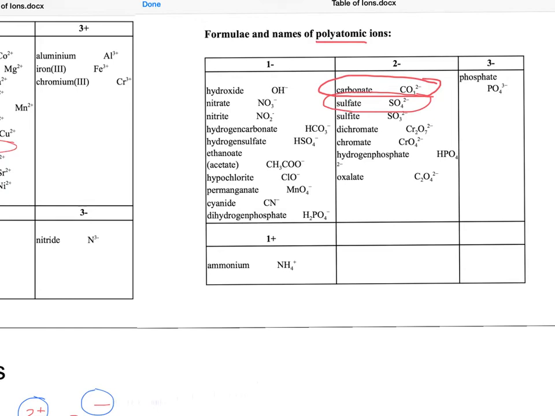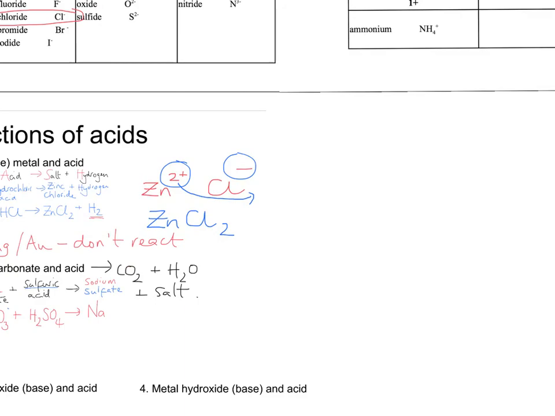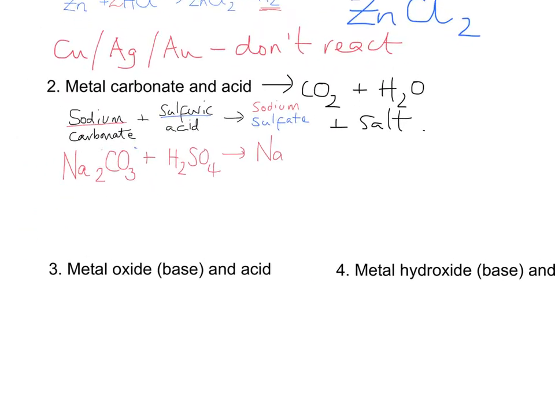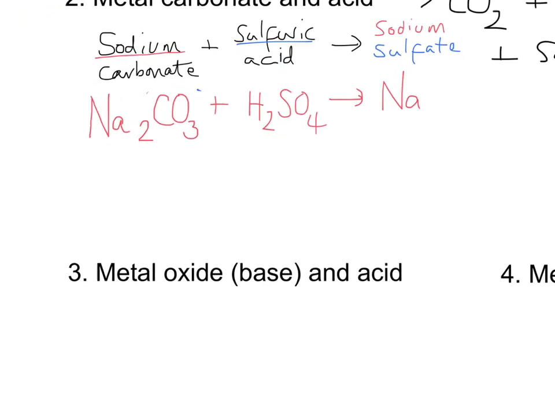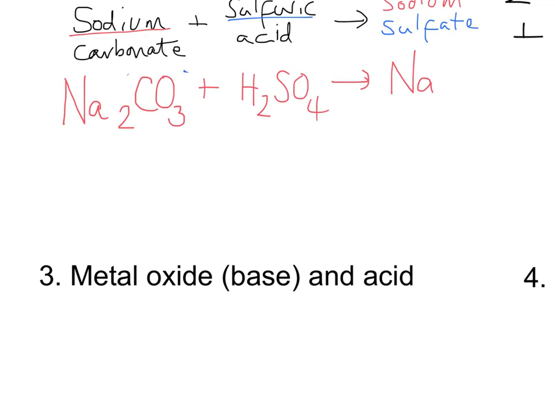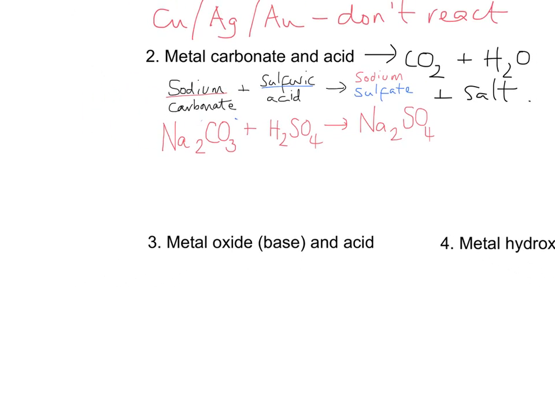We already know what sodium is, so let's come back down here again. Sulfate is SO4 2 minus, so if I put the 2 there, then that gives me my sodium sulfate salt.